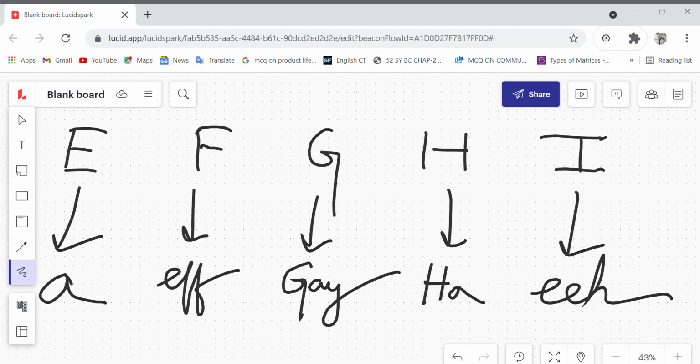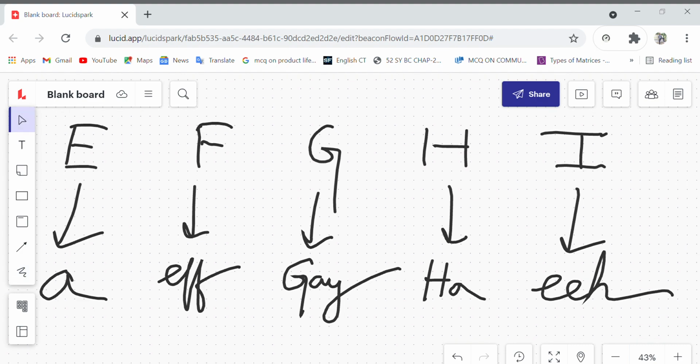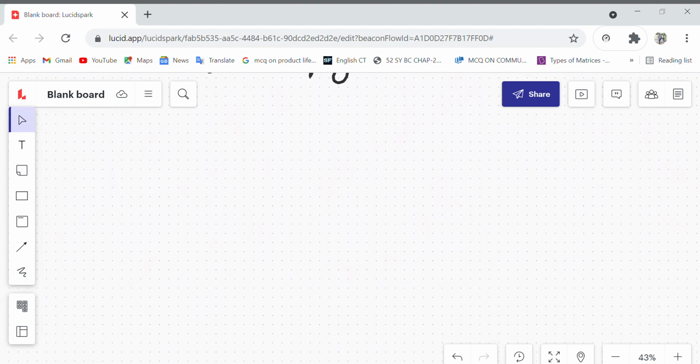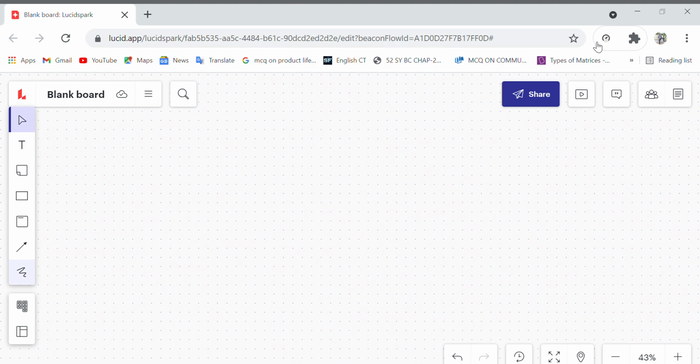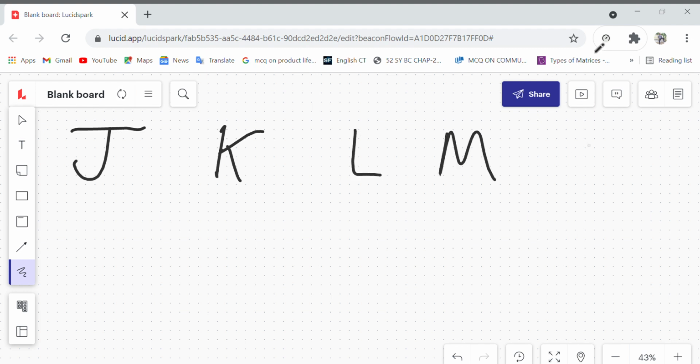Then we will continue. For J, the Germans call it Yot.